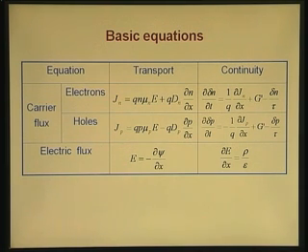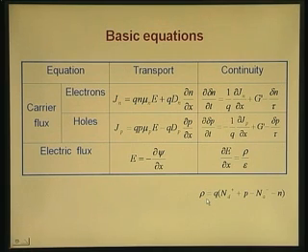Now recall that we have already said that the space charge within the semiconductor rho is given by q times (Nd plus, p, minus Na minus, n), where Nd plus is the ionized donor concentration and Na minus is the ionized acceptor concentration. So the difference between the positive charges and negative charges is the space charge.